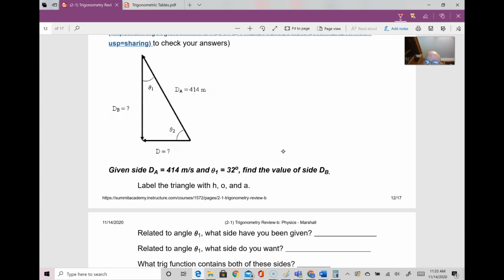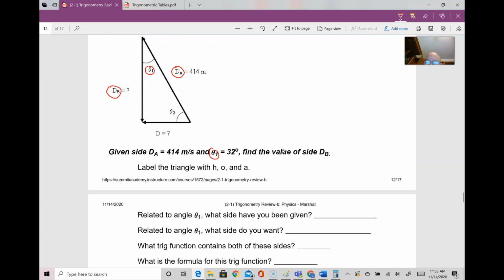Given side dA equals 414 meters, that's this right here, and angle theta 1 is 32 degrees. I want to find side dB. I want to find out how long that side is. Since this is a displacement now, instead of a velocity, I just have meters.